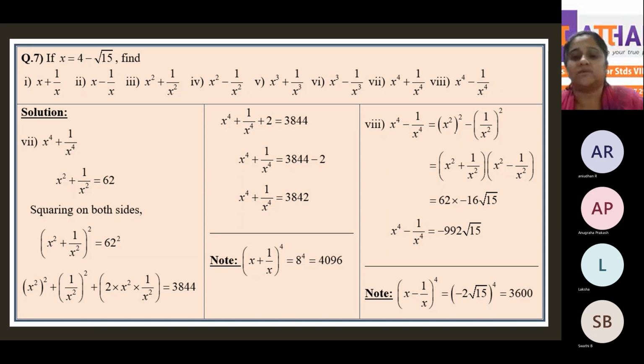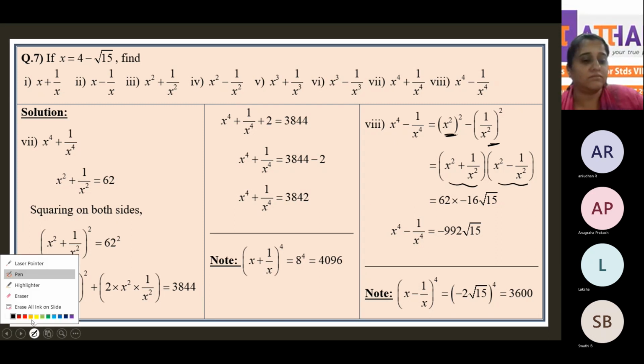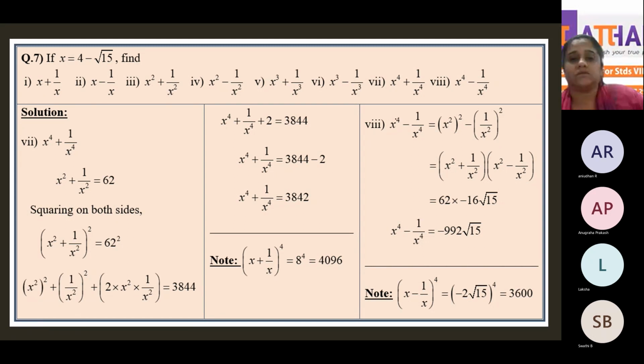Okay, ma'am, understood. See the last one, children. It's like a the whole square minus b the whole square, which is a plus b into a minus b. x to the power 4 is x squared the whole square. This one is 1 by x squared the whole square.